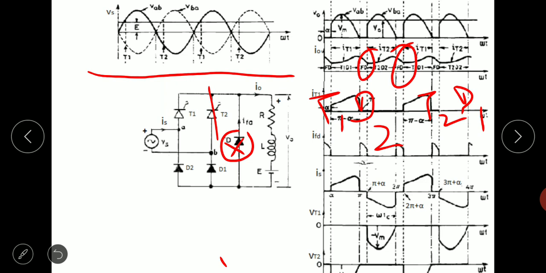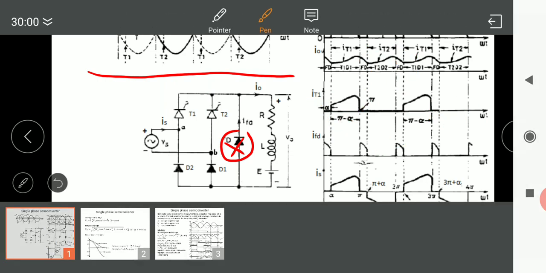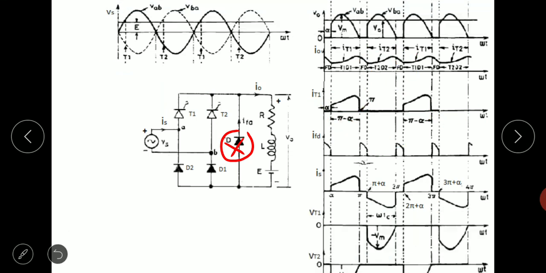Okay. Now the question is, if the freewheeling action is occurring in this circuit, why do we require a physical freewheeling diode? You can see that we have connected a physical freewheeling diode in this case. There is a reason behind this.